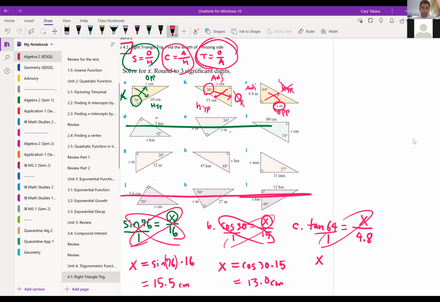You just immediately have x equals tangent of 64 times 4.8. You just multiply. It's 9.8. What's the unit? Meter.